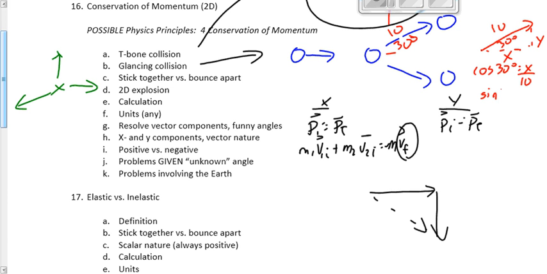Sine 30 degrees is equal to Y over 10. Solve for X, solve for Y, and then whatever value you get for X goes into VF for object number 1. Okay?